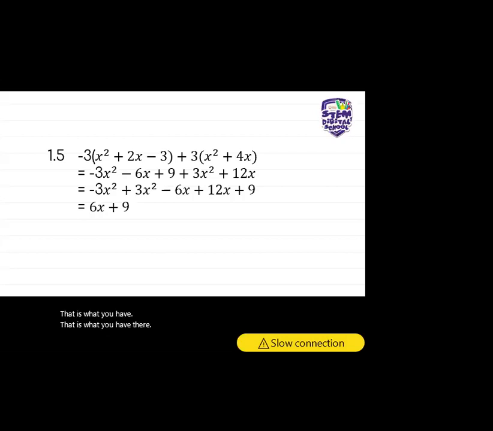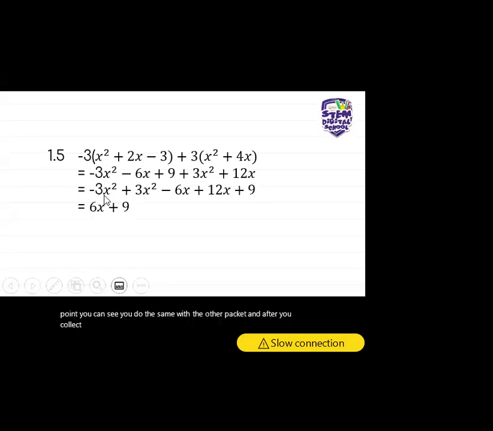And what is important, you should be able to carry on with the multiplication. Negative 3 by negative 3 gives you positive 9. So at this point, you do the same with the other bracket, and thereafter you collect the like terms.